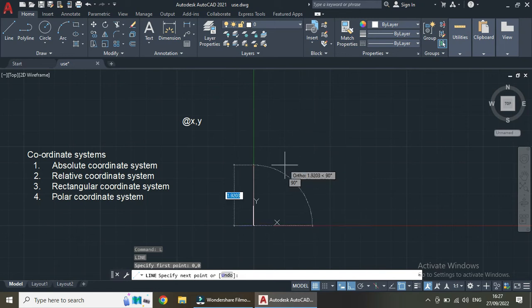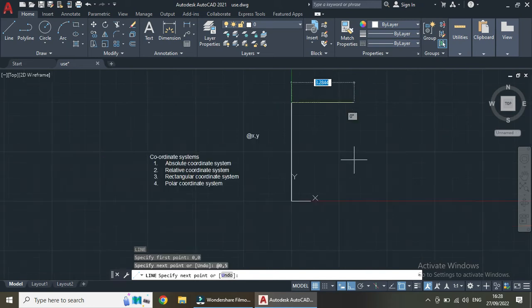So @0 comma, which value, okay, 5, let us take 5, enter.